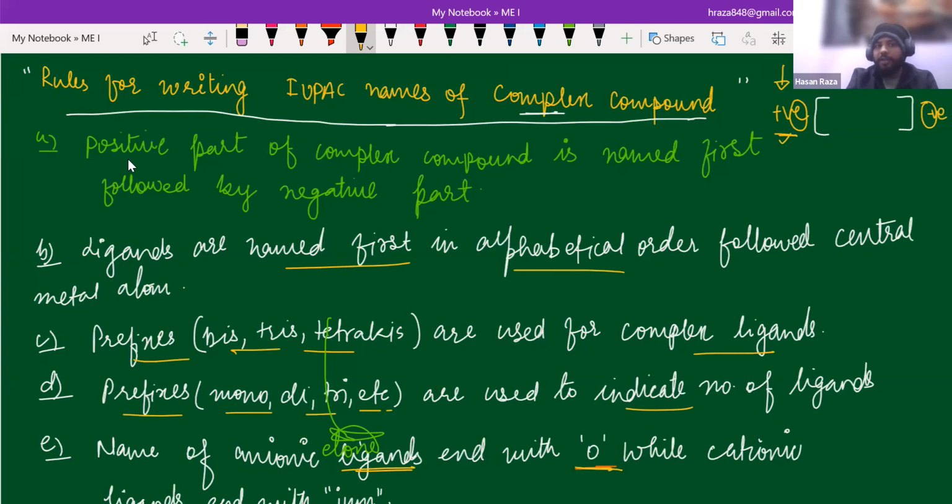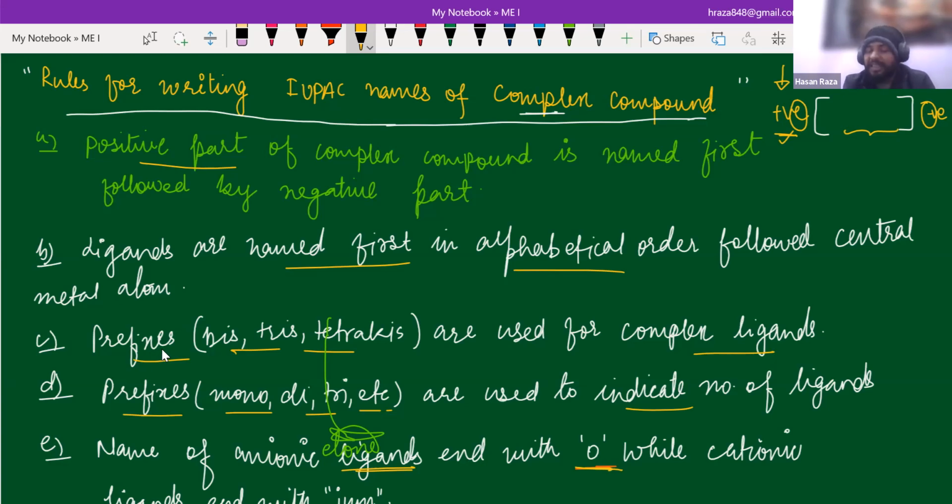So you can see the positive part of the complex is named first, followed by the negative part. Ligands are named first. That means after the positive counterion, if you have one, you write its name first. And if you don't have any counterion, then directly jump to the ligands and write the names in alphabetical order.